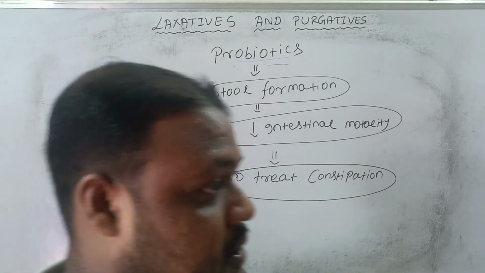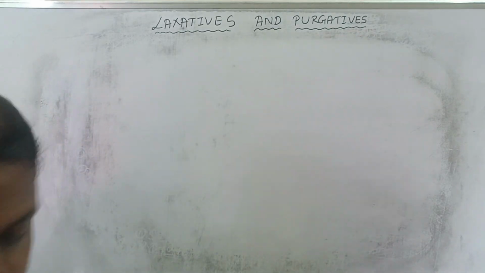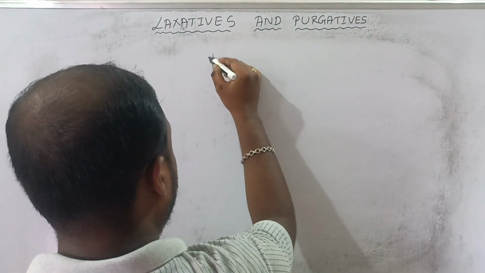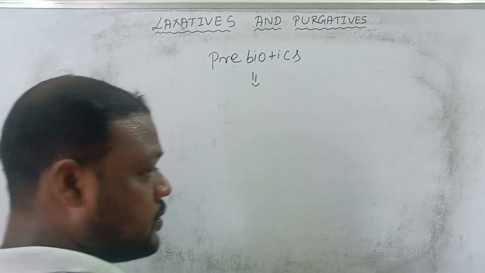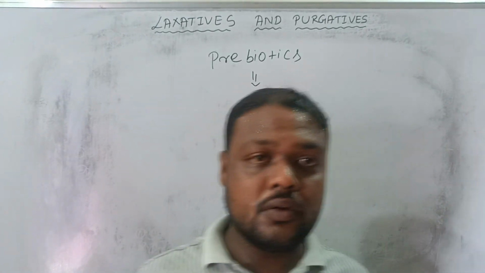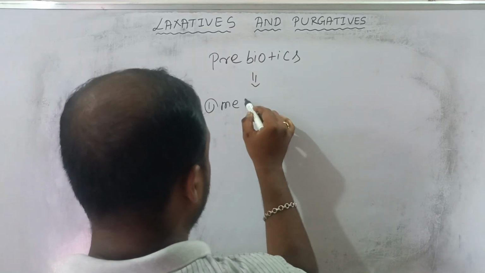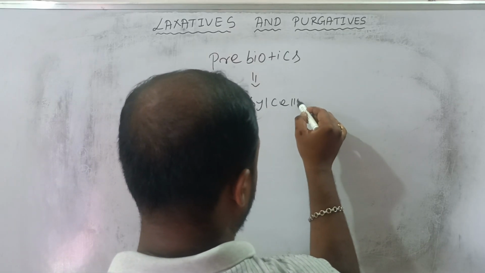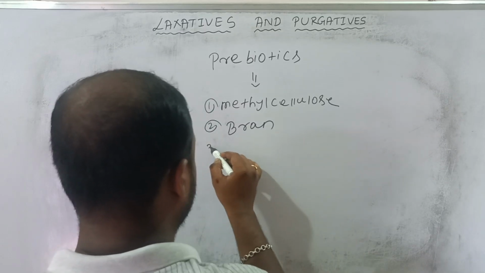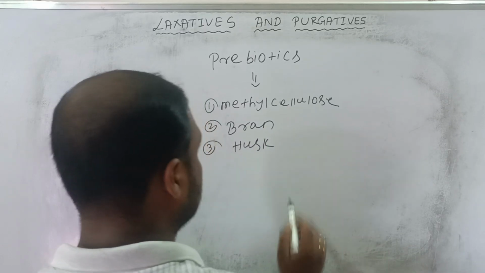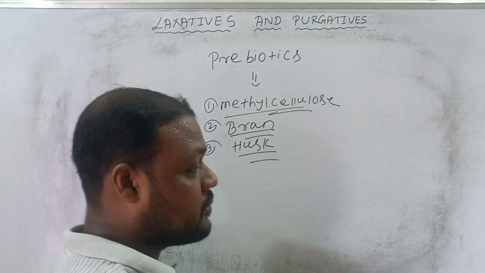Then the prebiotics. The prebiotics are methyl cellulose, bran and husk.